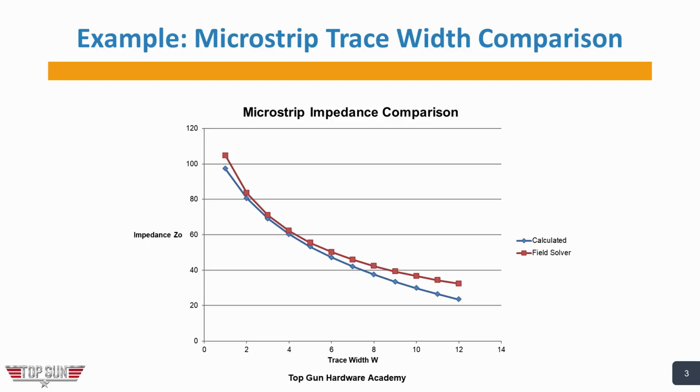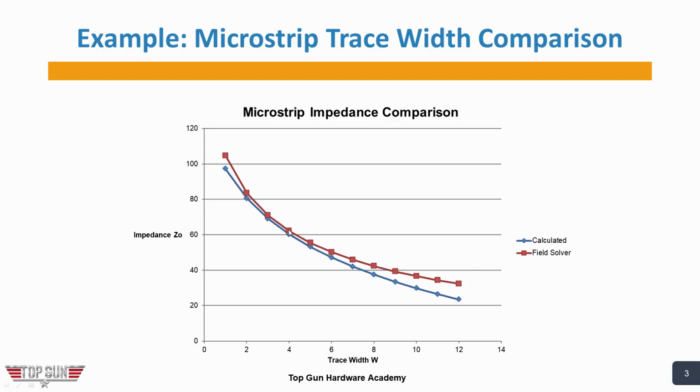So let's look at this next graph. This is a microstrip trace width comparison. This blue line is the calculated impedance using the formula, and the red line is the calculated impedance using a 2D field solver. You can see that under some situations, for example when the trace width is say 4 mils, both the formula and the field solver are very close, about around 60 ohms. They're a couple ohms off.